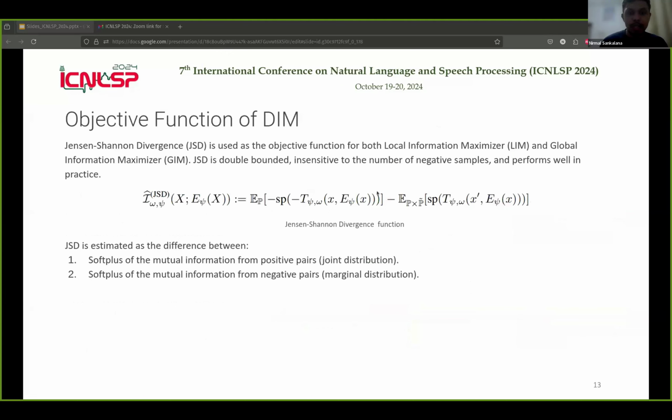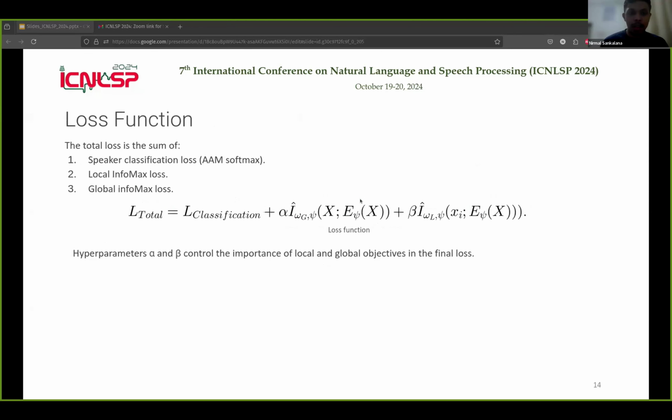We use Jensen-Shannon divergence as our objective function, as described in the Deep Infomax paper. Our loss function has three terms: speaker classification loss, and local and global mutual information objectives. These alpha and beta parameters control the importance of the local and global objectives in the final loss.